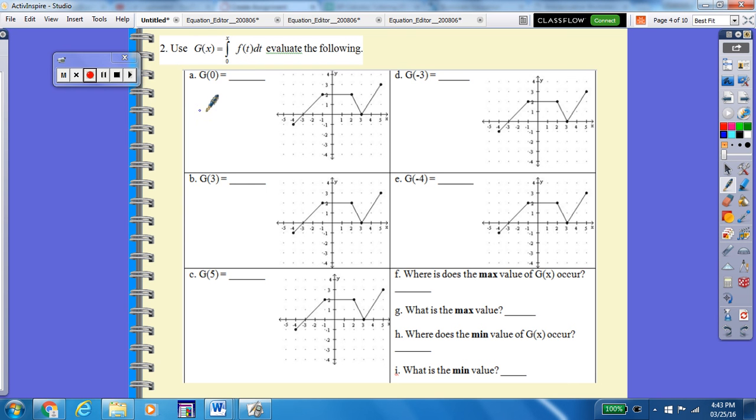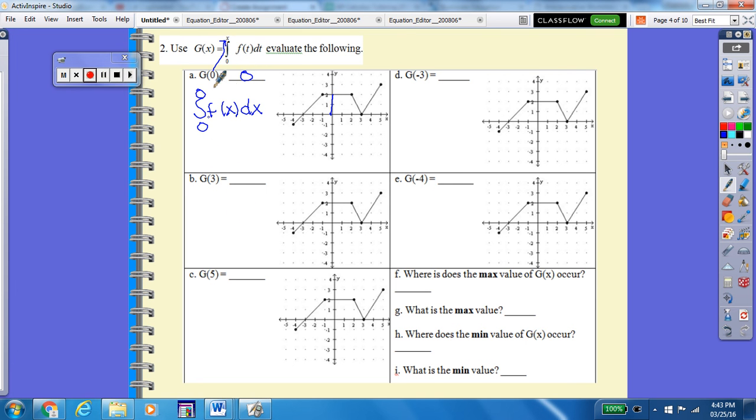G of 0 would simply mean the integral from 0, we're going to plug our 0 in for x, so we're going to have from 0 to 0 of f of x dx, and I can use x again because I no longer have x up at the top boundary. And we studied a property that said basically we're not moving. We're just at 0. There's no area if you don't move. So the answer to that one is 0.